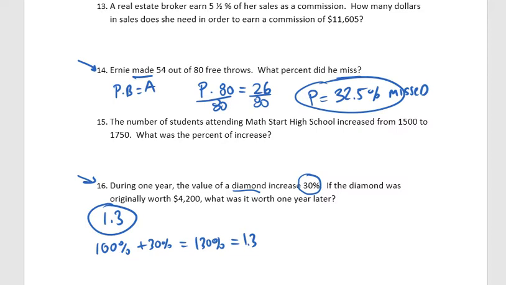To find the new value of this diamond, all I have to do is take 4,200 times 1.3. So I'm taking 4,200 times 1.3, my growth factor, and it tells me now that the diamond is worth $5,460.